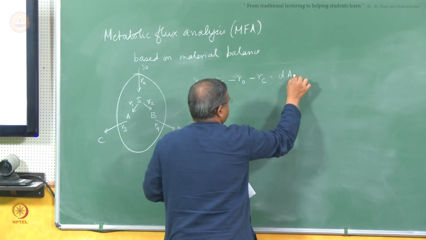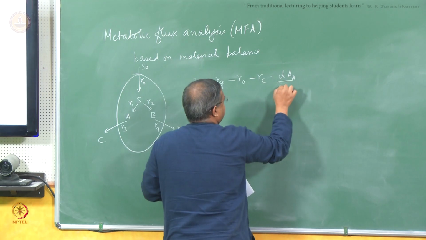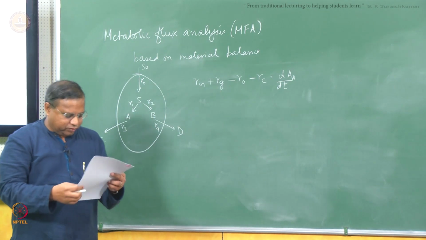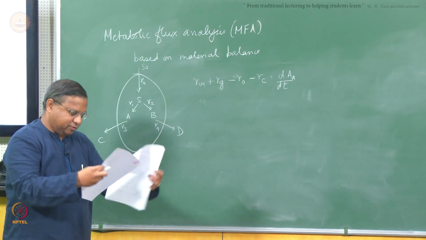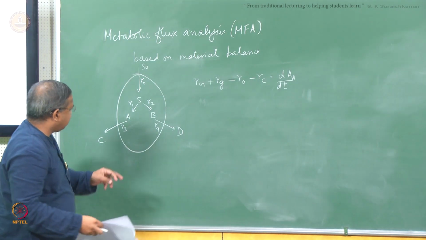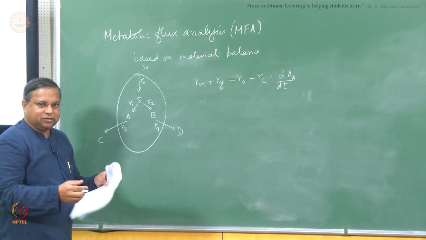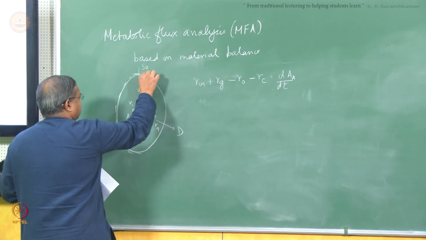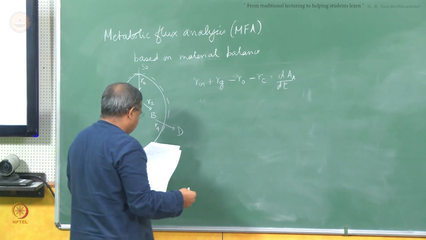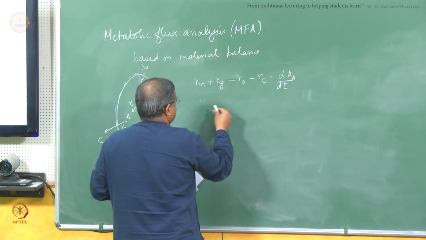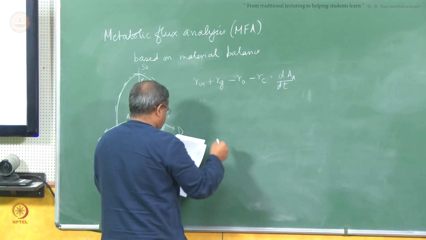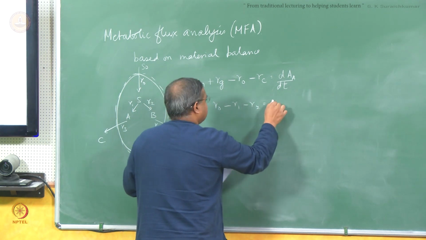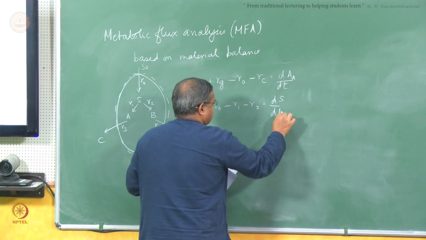If you write a material balance on, let us say, S here, you all know how to do material balance, you know the system. If we choose the system, you will find that if we write R0 minus R1 minus R2, that is dS/dt.